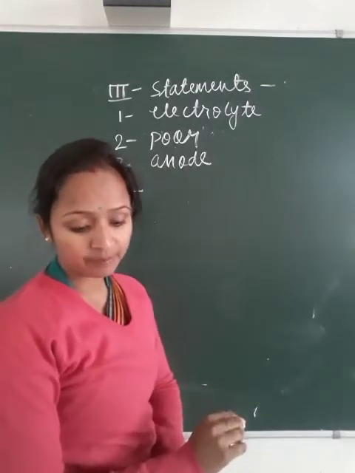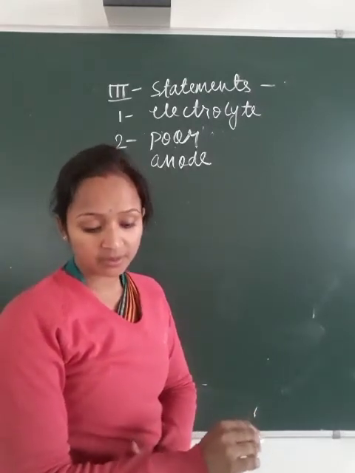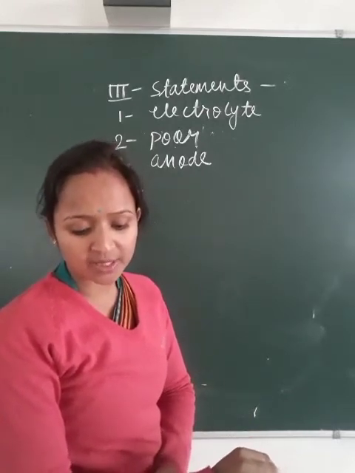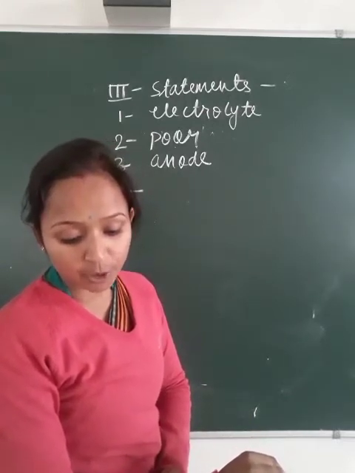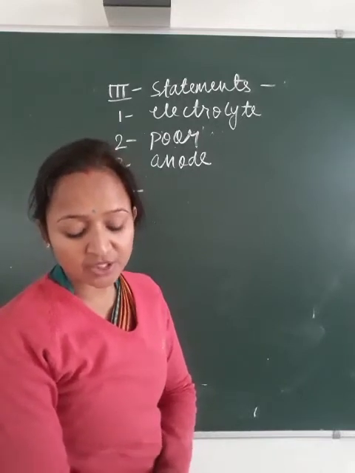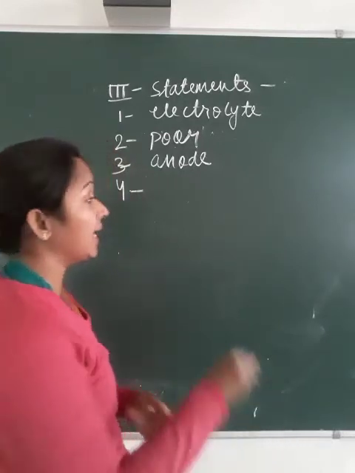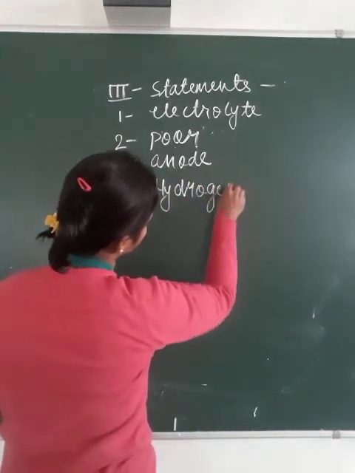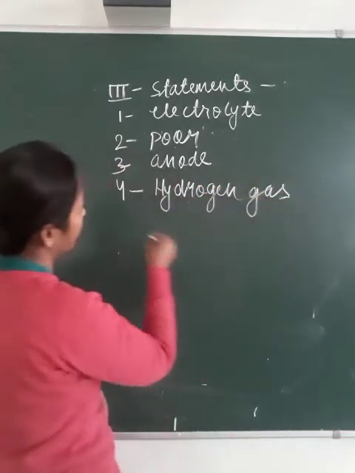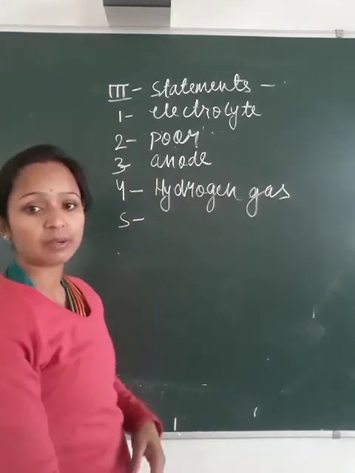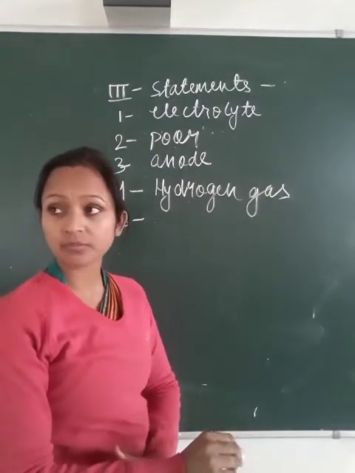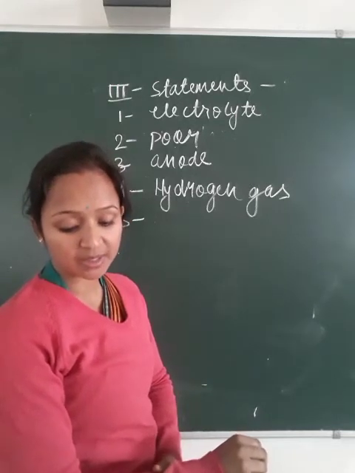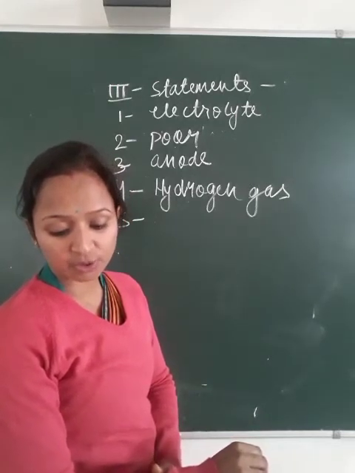And in fourth one, when a burning splint is brought near hydrogen gas, it burns with a pop sound. In place of oxygen gas you have to write hydrogen gas. The electrode which is connected to the negative terminal of a cell battery is called the anode.